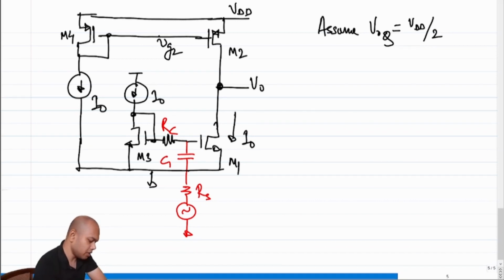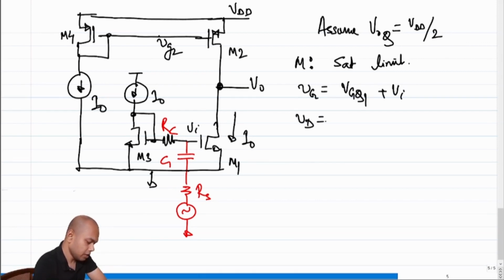For M1, what will be the condition? What is the swing limit? This is easy. If we assume no loading and everything, then this voltage is approximately the quiescent plus Vi. So what is Vg? Vg is VGQ1 plus Vi. What is Vd?